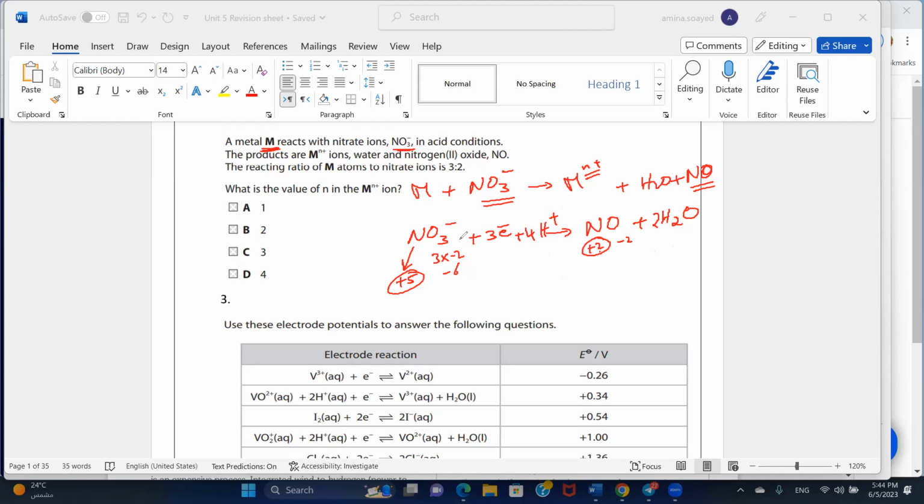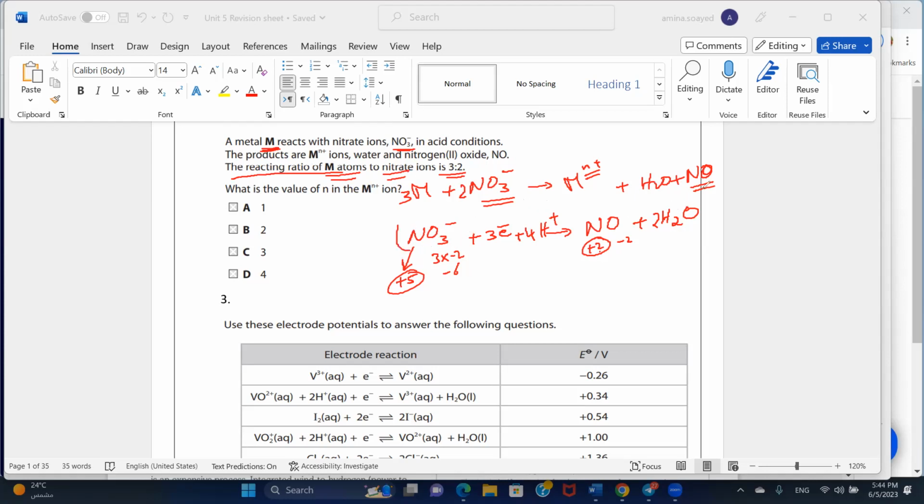Okay. Now we said that at the end, they said that the reacting ratio of the metal atoms to the nitrate is 3:2. It means that 3 moles of the metal reacted with 2 moles of the nitrate. But here in our half ionic equation, we have only 1 mole of nitrate.